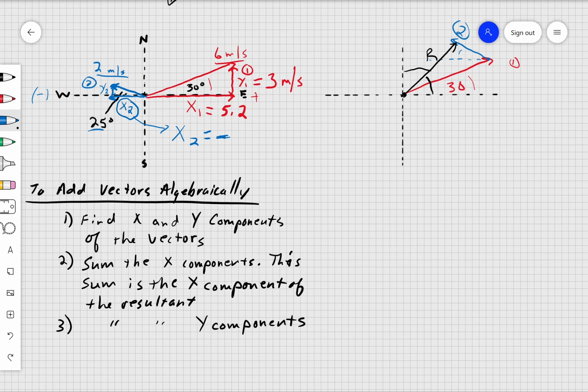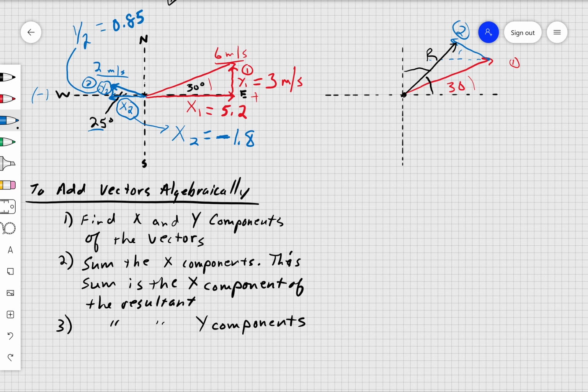So when you put that function in your calculator, 2 cosine 25, and you get a magnitude of 1.8, that's going to be in the negative direction of 1.8 meters per second. And then the y component over here, y2, is a sine function, so 2 sine 25, that's let's call that 0.85.